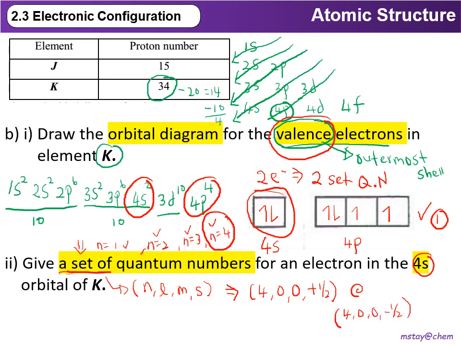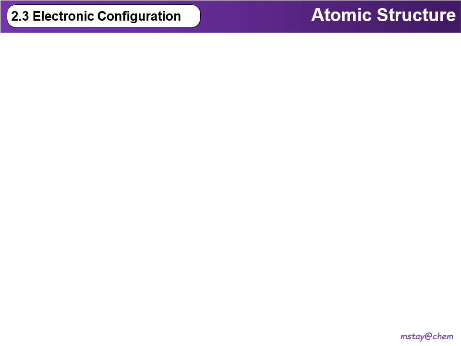Reminder, here we are asked to give a set. So you can only give 1 set, no need to give both, but either one can be accepted. That's why here I've used the symbol or. Okay, question number 6.